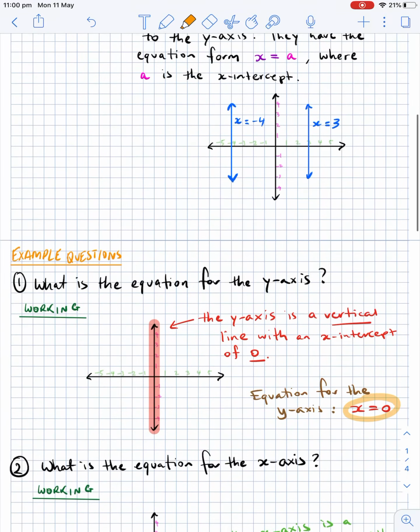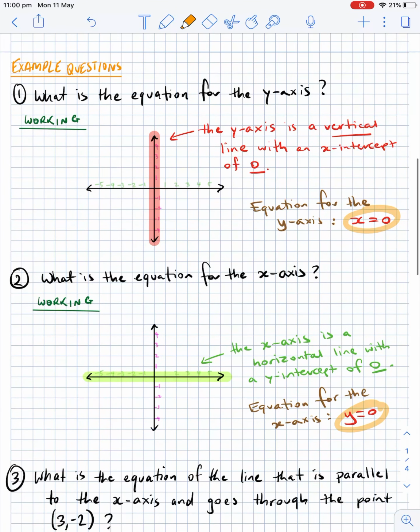As simple as that. Let's do some example questions. What is the equation for the y-axis? The y-axis is this vertical line right here. So it's a vertical line with the x-intercept of 0. You can see here that this line hits the x-axis at this 0 number right here.